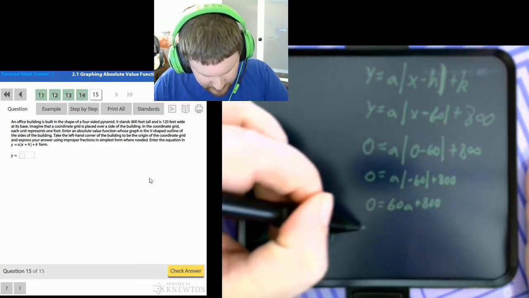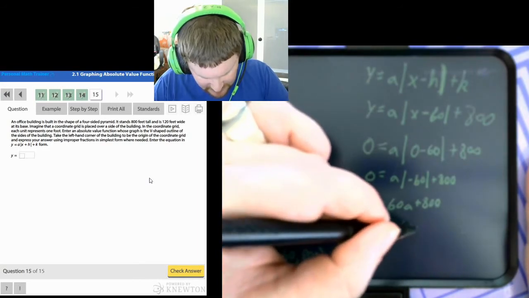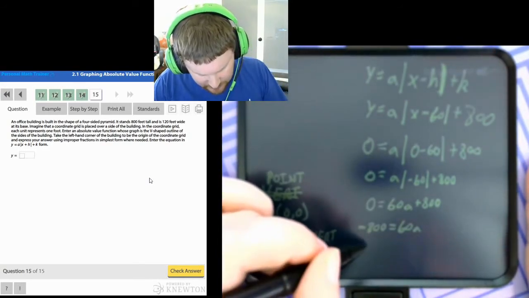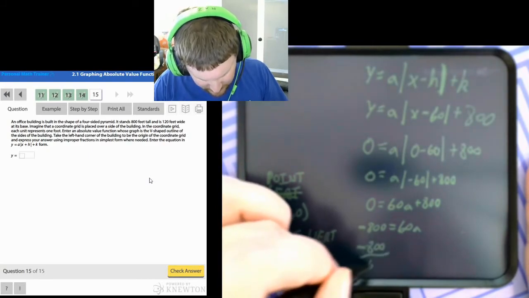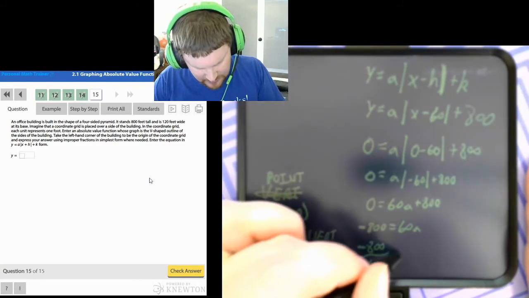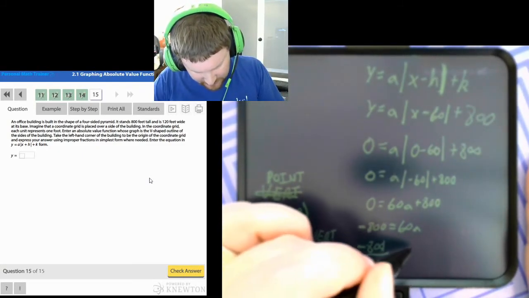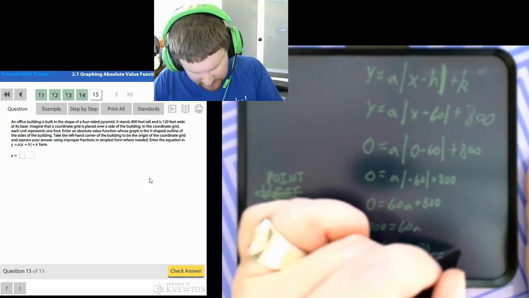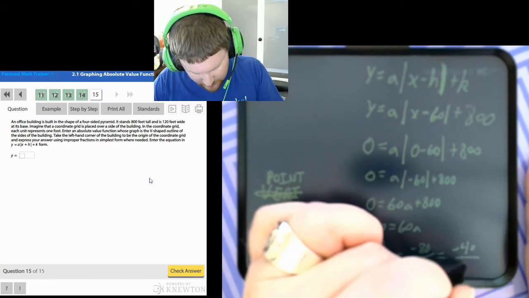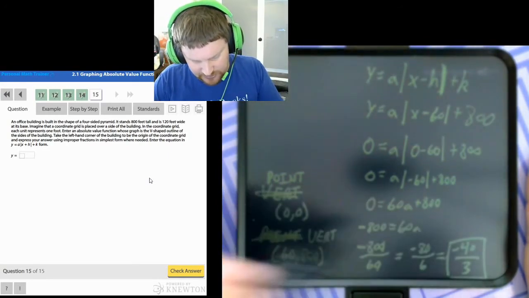Subtract 800 from both sides. Negative 800 equals 60a. And divide both sides by 60. Negative 800 over 60 equals a. But negative 800 over 60, we can take 1 zero off of each. That's negative 80 over 6. Divide both by 2, that's negative 40 over 3.